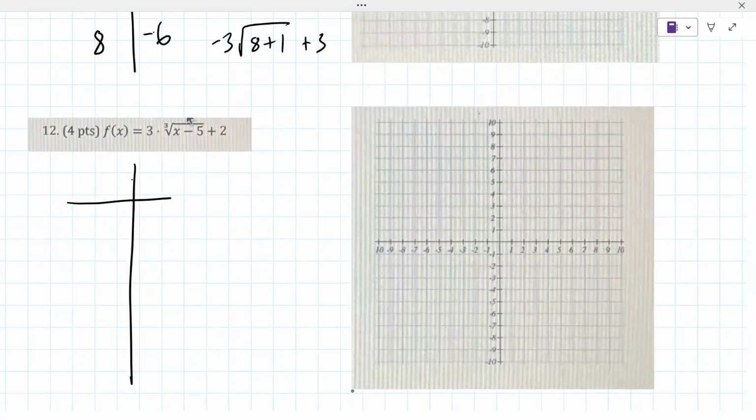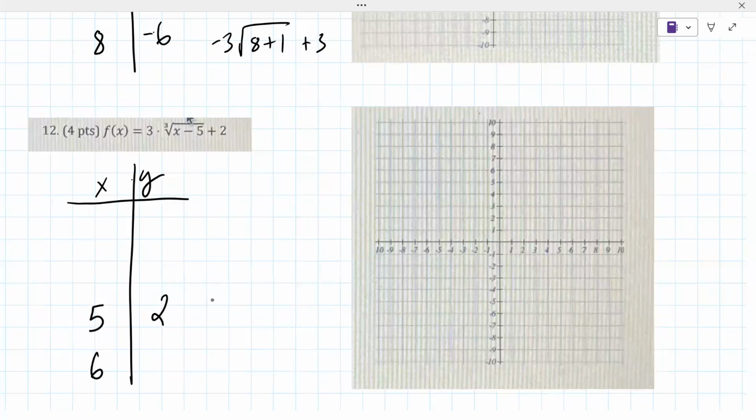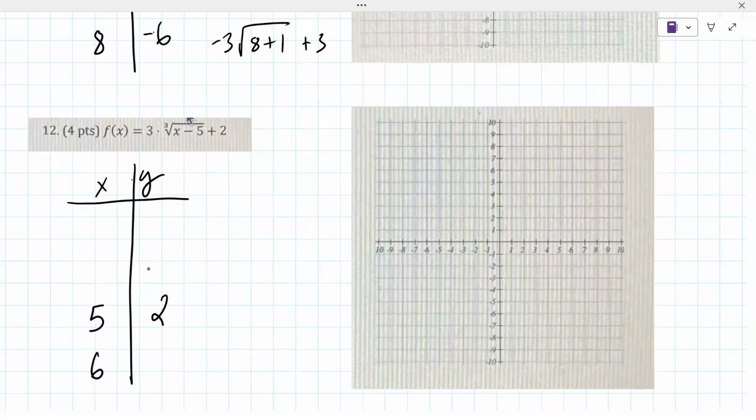So with this one, it's a little bit different. They don't all have the same table values, but you're going to have a center point here, and then we're going to see how far left and right we can go. So if it's 6, that's going to be okay. And then let's go the other direction. 4.